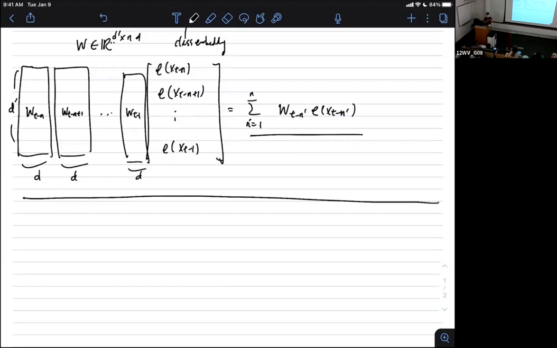The number of parameters is not going to increase with respect to the size of the context of the input, so that we can apply this language model to arbitrary length, unbounded context. So we want n to grow as large as we want. And the second thing is that we want to introduce this moderate level of translation invariance.